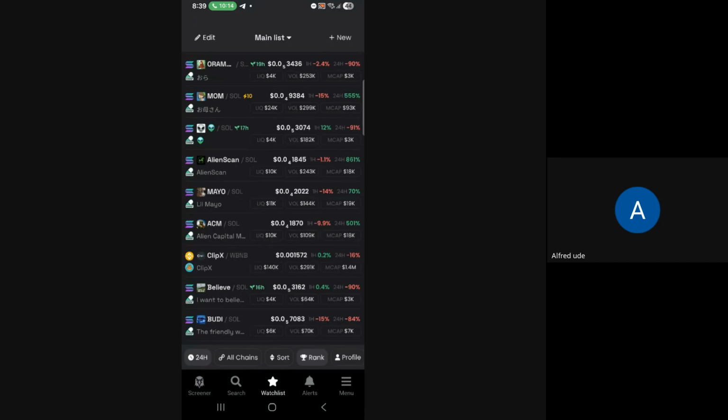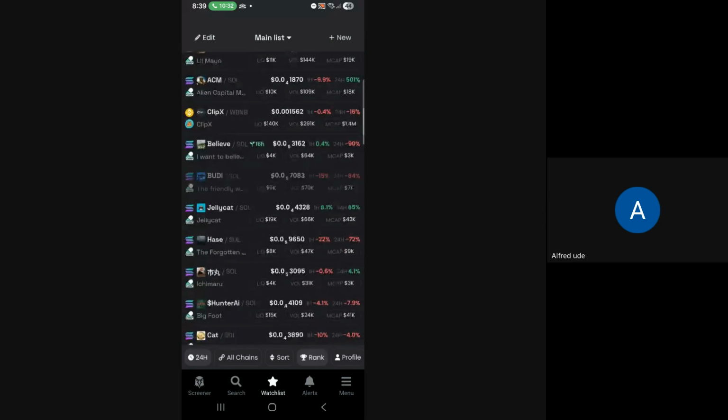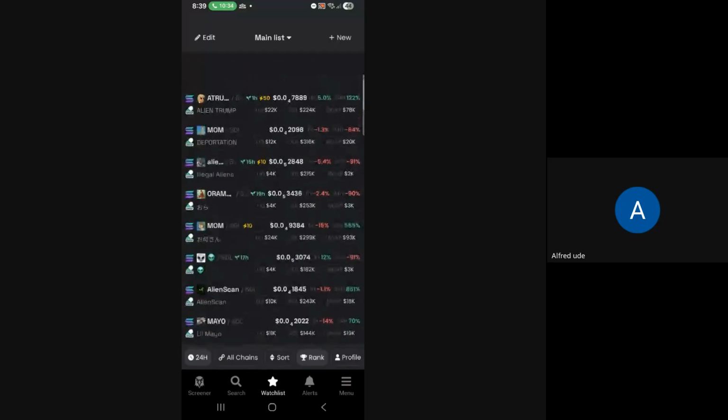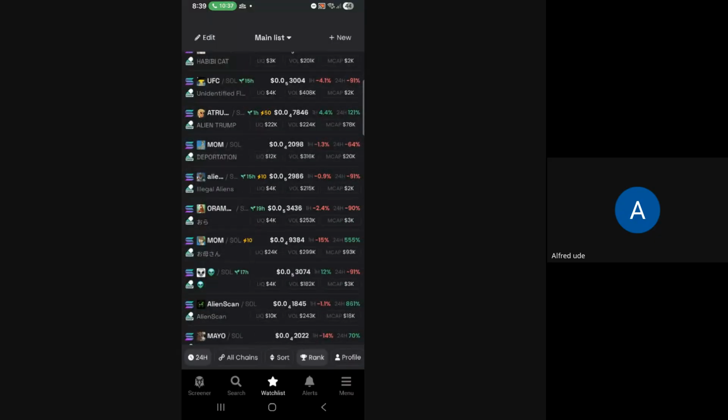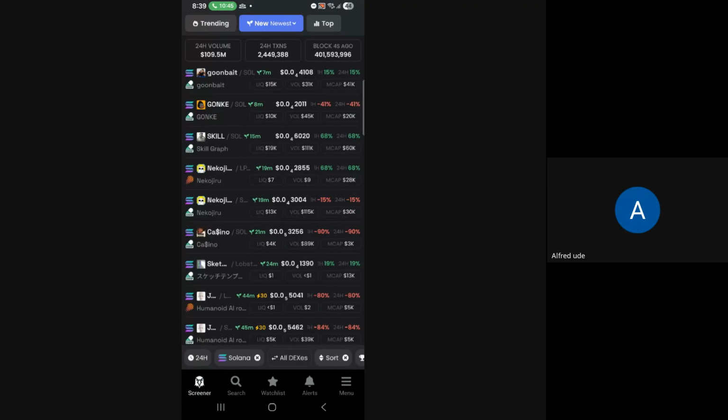So that means this coin must have been at a market cap of 2 point something K dollars and then went as high as 18K dollars in 24 hours. All right, so this is the importance of the watch list. It helps you monitor tokens and see which one can survive and bounce back countless times.